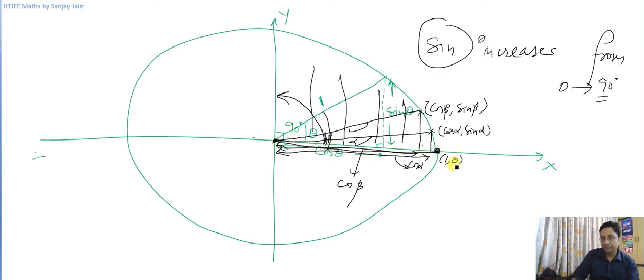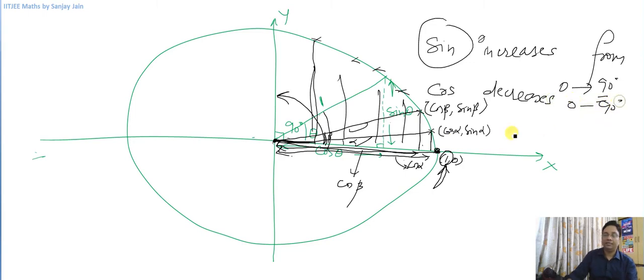The point is 1 comma 0 and the horizontal length is maximum at this point and is equal to 1 unit, right? So when I go from 0 to 90 degrees, this horizontal length keeps on decreasing. So cos decreases when I go from 0 to 90 degrees.